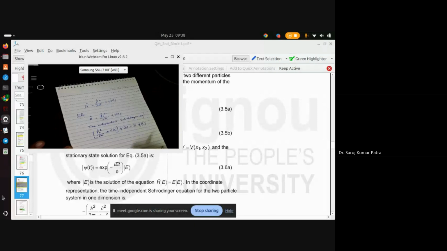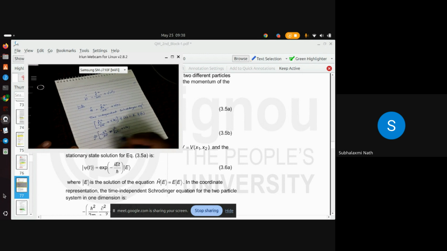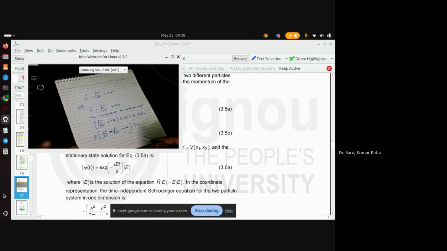All of you are familiar with this one, right? Yes, sir. So this reduces to minus h cross squared by 2m d squared by dx squared in one dimension, acting on psi of x, will be equal to E psi of x, right?